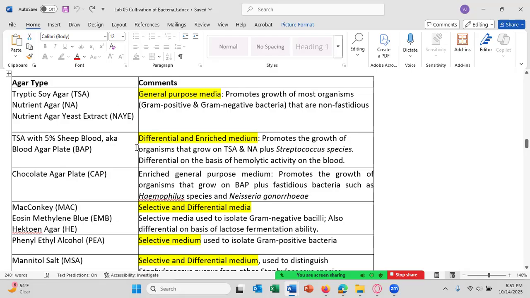We also have a differential and enriched medium, and that's blood agar or BAP, allowing fastidious growth of the bacteria, meaning a fastidious species, at least some of them, like Streptococcus pyogenes. And then you can also determine the hemolytic activity of the bacteria on blood agar.